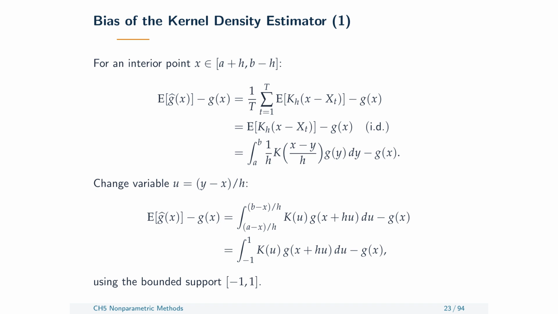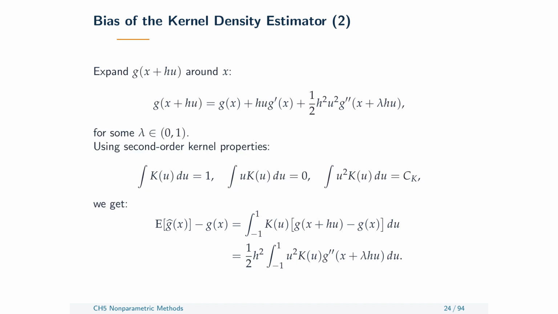Let me build the bias intuition slowly. Instead of the raw observations, look at the expected estimate. It is really a weighted average of the true density at points close to our target. Now picture expanding that density around the target. The flat, constant part just gives the density back because the kernel integrates to 1.